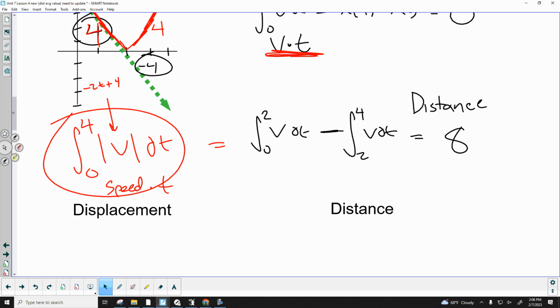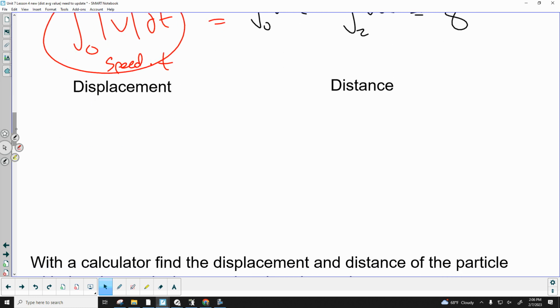Okay? So really, the first half of this lesson is, what do you got? If you have a calculator and you're asked to find displacement, piece of cake. Plug in velocity into an integral and you get a displacement. It'll give you a correct positive or negative value. You don't have to do a sign analysis.